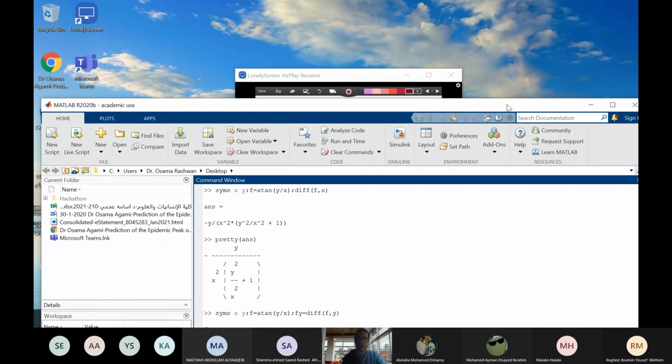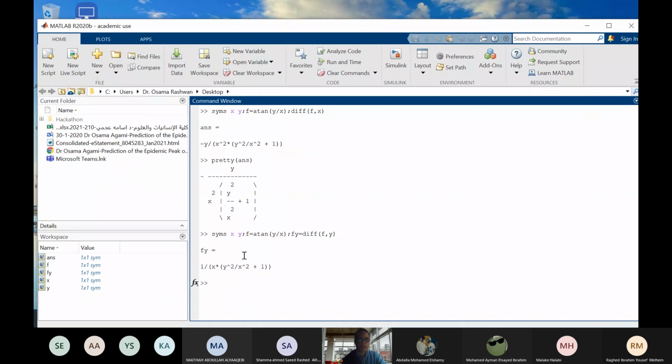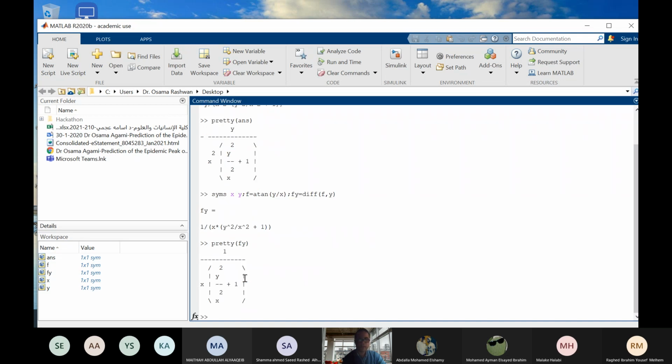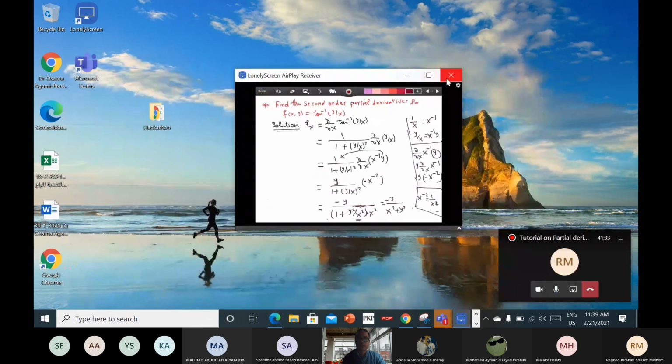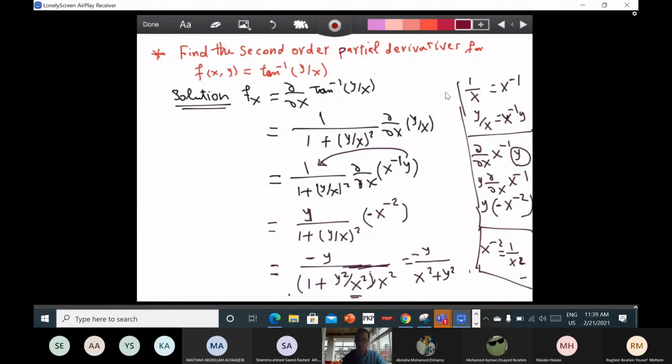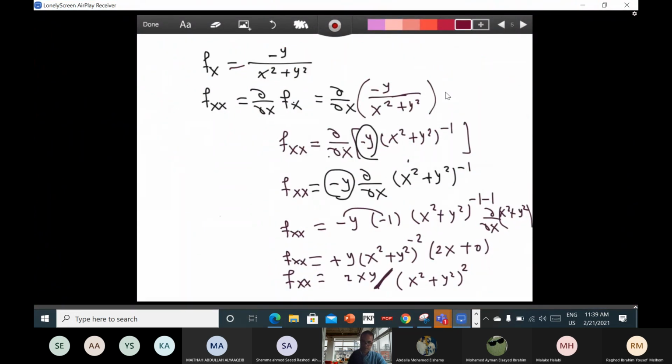Now I have the same. I won't use pretty on the answer because it now has a name, fy. So I change this one to what I have as the answer, fy. Yes, it is the same as our solution here. This is our fy, yes.